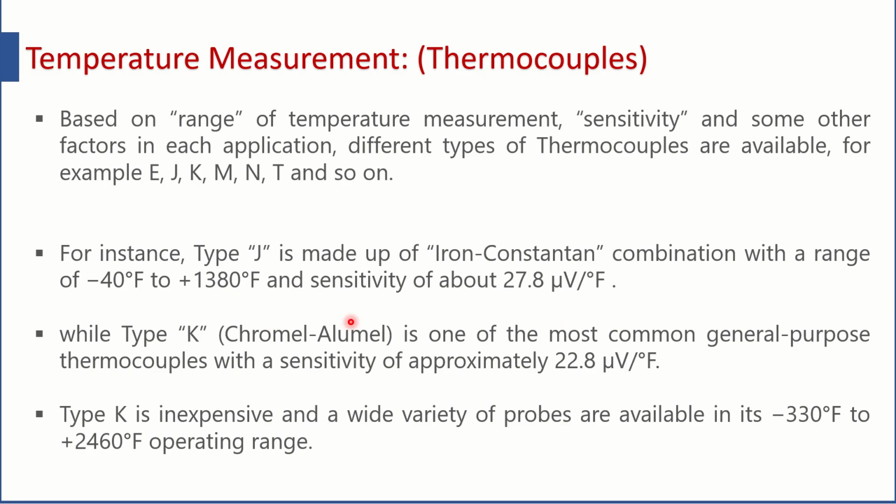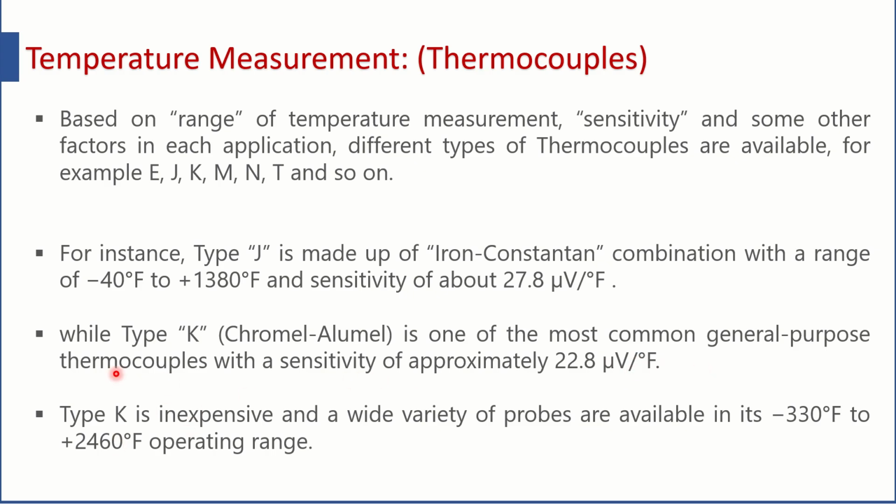Again, the chromel alumel material is the most common in general purpose thermocouples. If you find 100 thermocouples, you find 95 of them are type K, that are using two different alloys. One is chromel and the other is alumel, and they offer you a sensitivity of 22.8 microvolt per degree Fahrenheit.